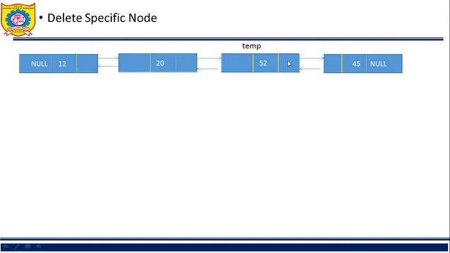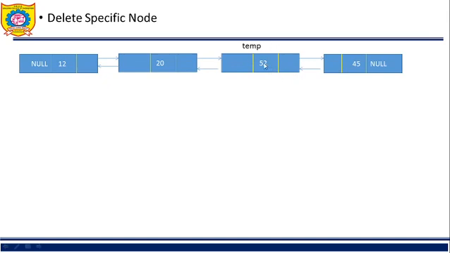It holds the address of its next. When we delete this 52, the next node will be 20. Again it holds the previous address of this 20. Now when we delete this, 20 becomes previous of 45, that is next of temp.